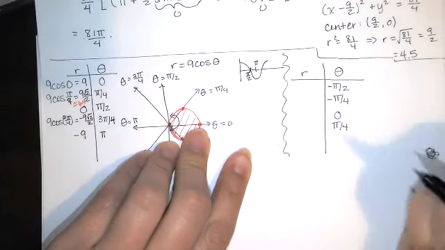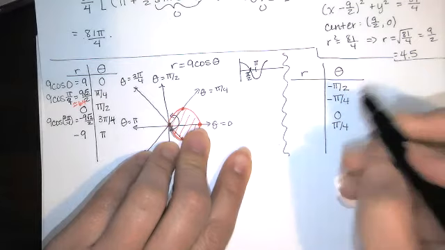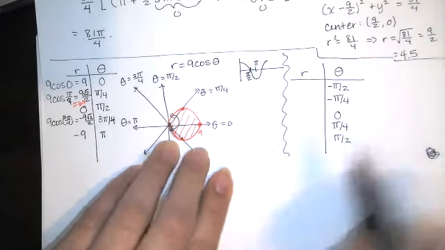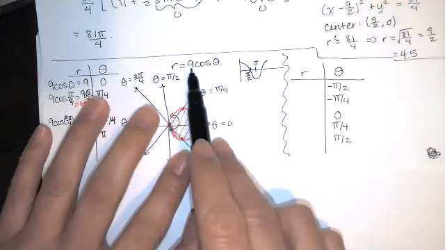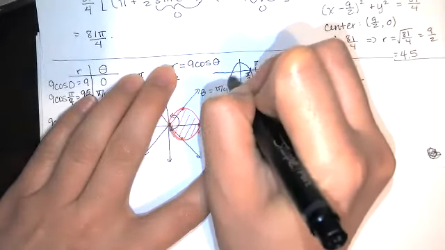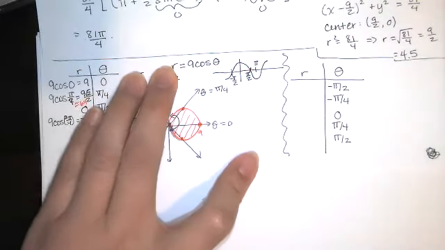I'm going to use the same increment as before, just going pi over 4 units from negative pi over 2 to positive pi over 2. And remember what the cosine graph looks like? At negative pi over 2, it's at 0.